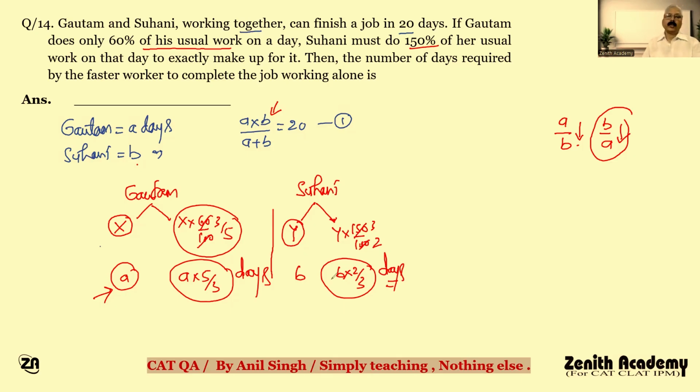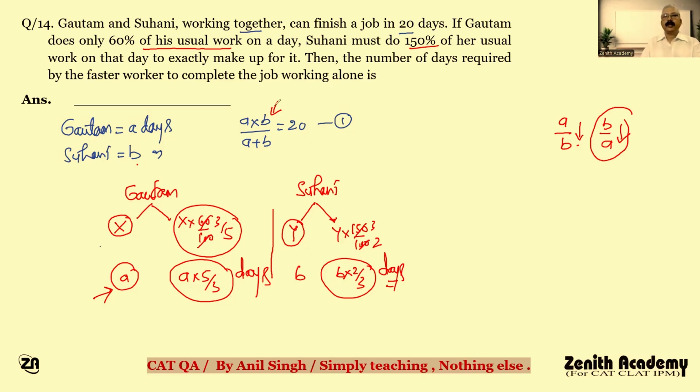Right? Means with this change, Gautam will finish the whole work in A into 5 by 3 days alone, and Suhani, with this performance, will finish the whole work only in B into 2 by 3 days alone.